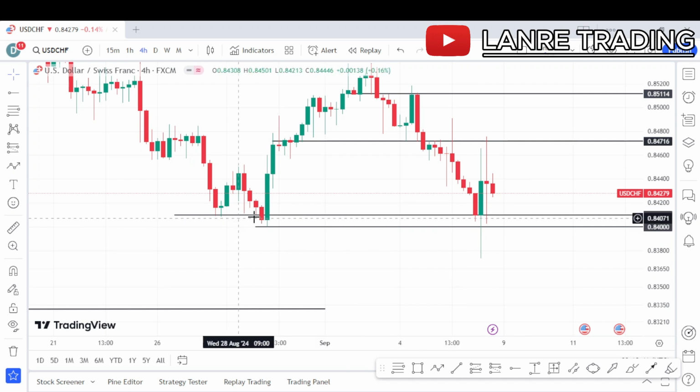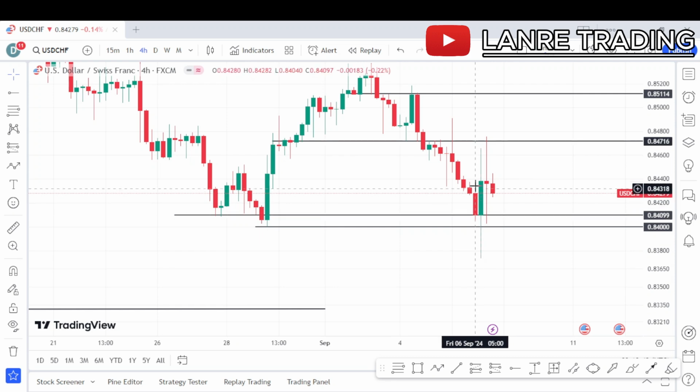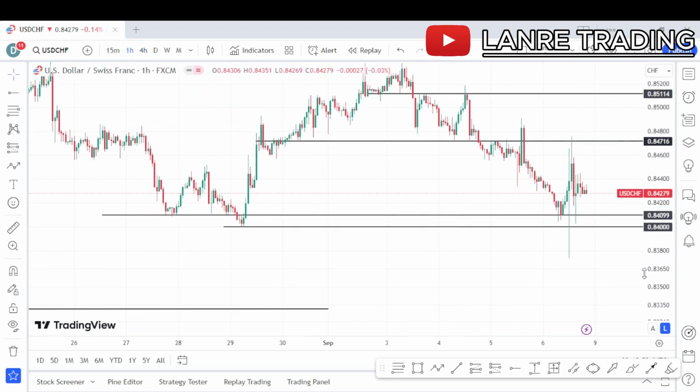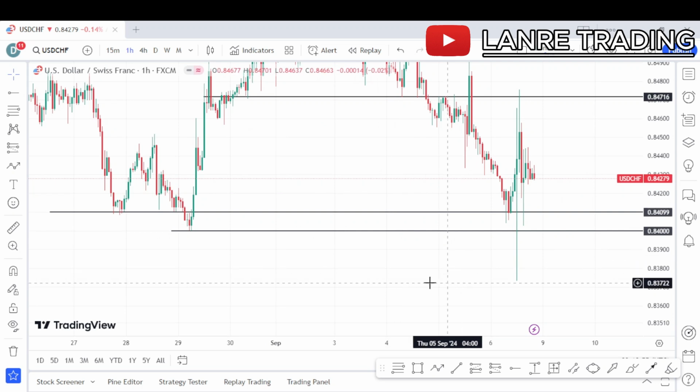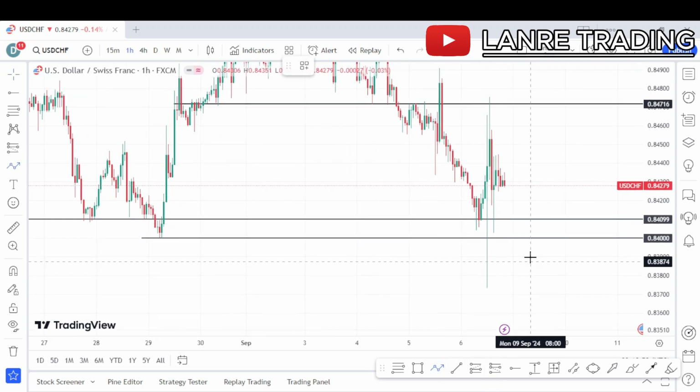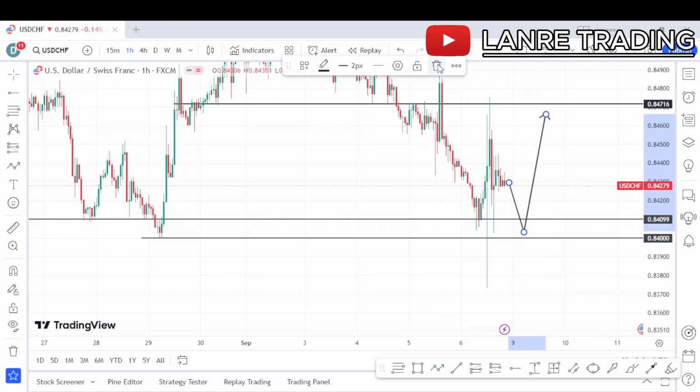See what the price did. The price came back to take out every liquidity that is around here and closed inside here with a bullish engulfing candlestick, which signals we are on the right path. So this is my point of interest. We are expecting price to come back to this level, so we can take the position right about here.